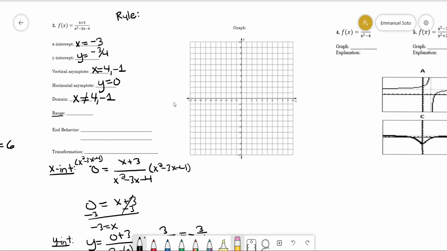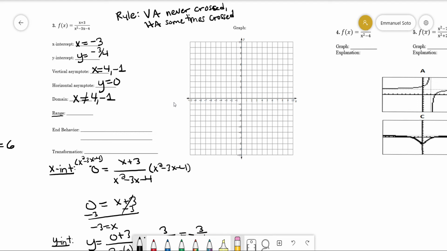So the rule is that vertical asymptotes are never crossed, and horizontal asymptotes are sometimes crossed. You can never cross a vertical asymptote because you can never divide by 0, and the horizontal asymptote is sometimes crossed.